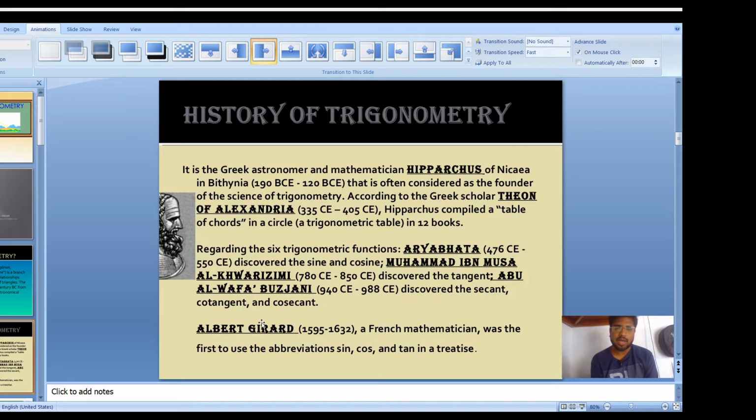One important point is that Albert Girard, a great French mathematician, introduced the abbreviations cos, sin and tan theta.